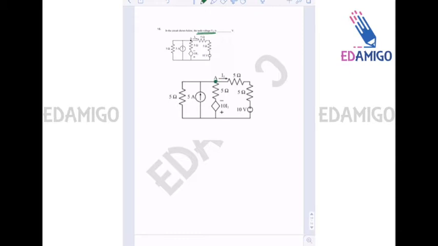First of all, let us assume that this node is grounded. Okay, and let us assume that the node voltage at A is VA. So now we will simply apply KCL at this node.